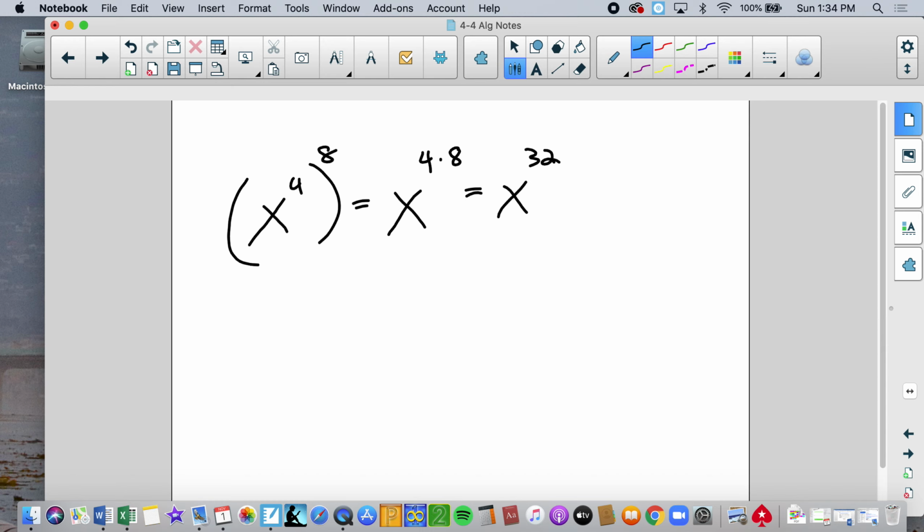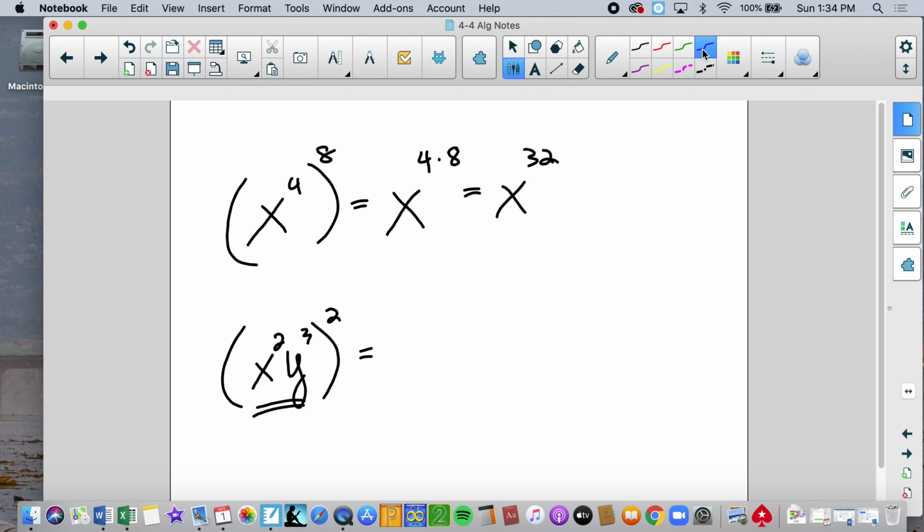And the next thing is, all right, what if we have x to the second, y to the third, to the second? Well, that means we have 2 of these bases. So you are going to distribute this exponent into each term. This is the only time you can distribute across multiplication, because we're multiplying those two.